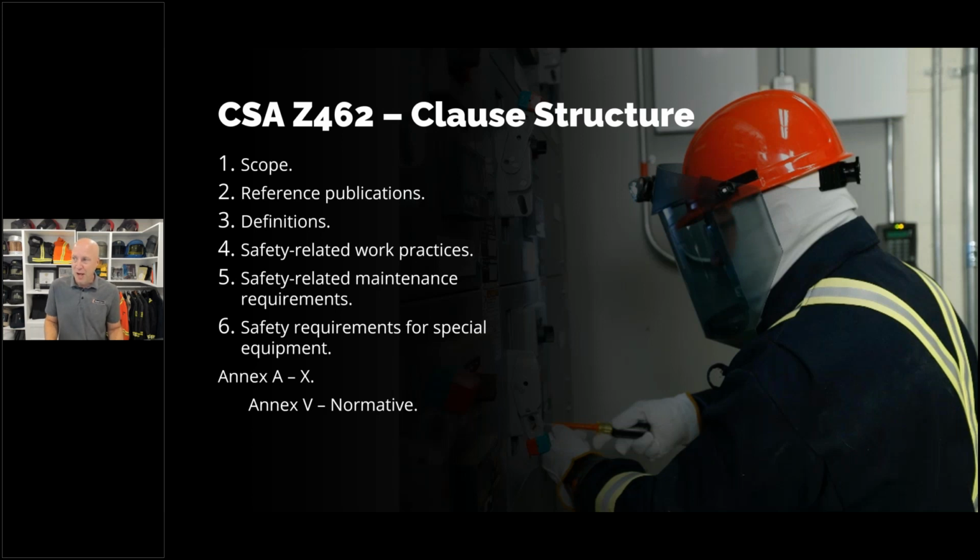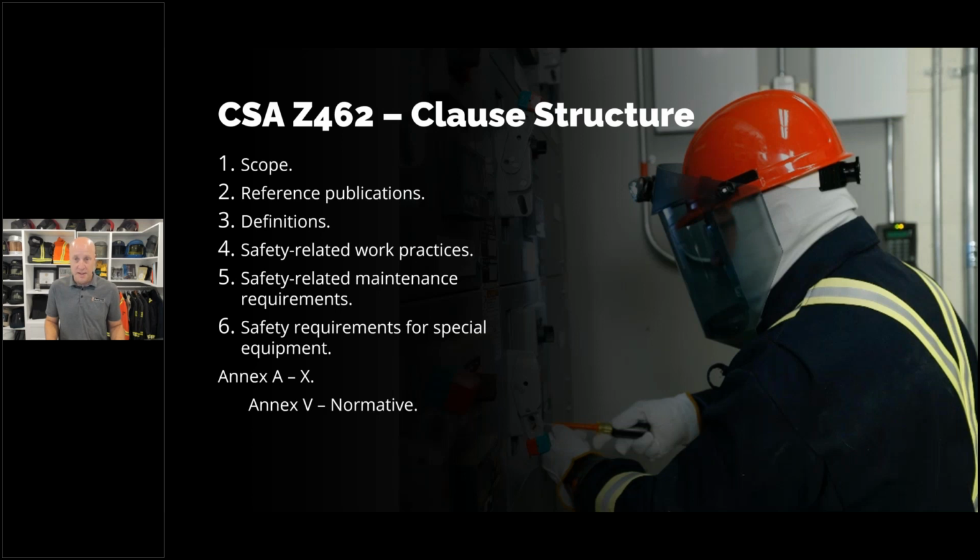It's been described by many in the industry, from the American perspective, that compared to 70E, the Canadian version of the standard, Z462, has annexes on steroids. We have several annexes that 70E does not have, and we were able to beef up and add a lot of innovation and content to the annexes on the Z462 side.